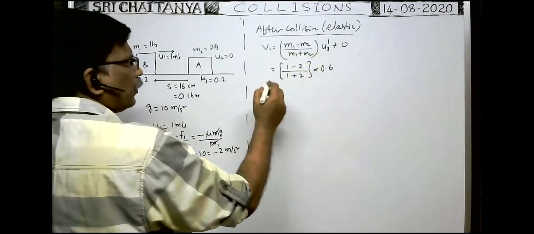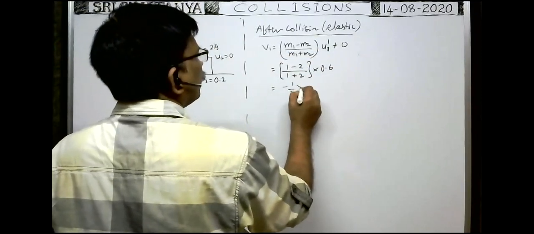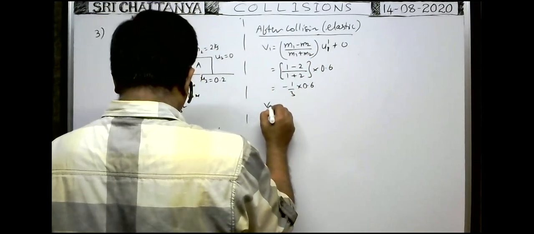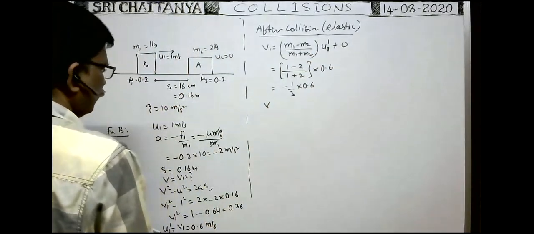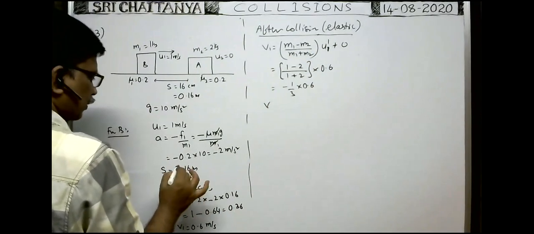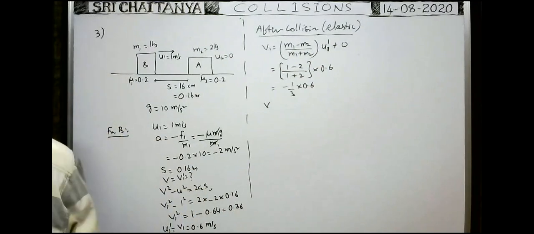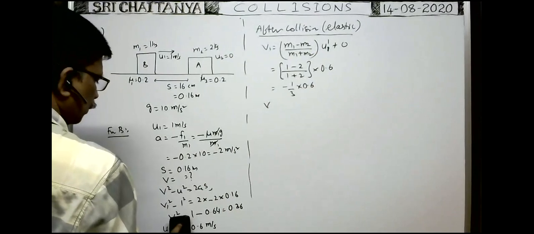This direction is taken as positive. So here it is equal to minus 1 by 3 into 0.6.